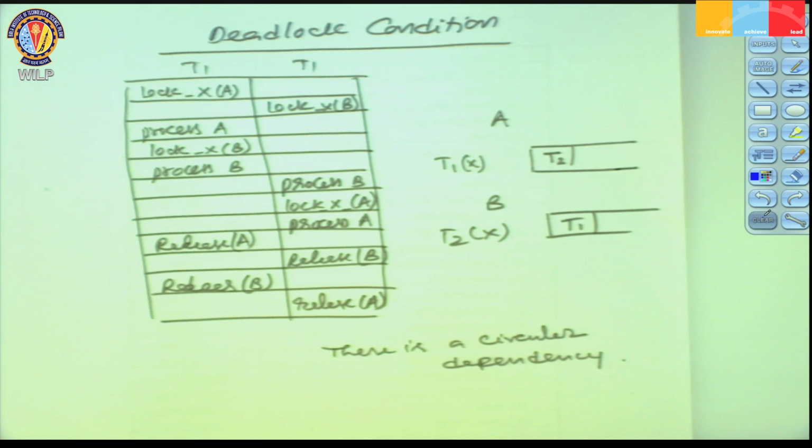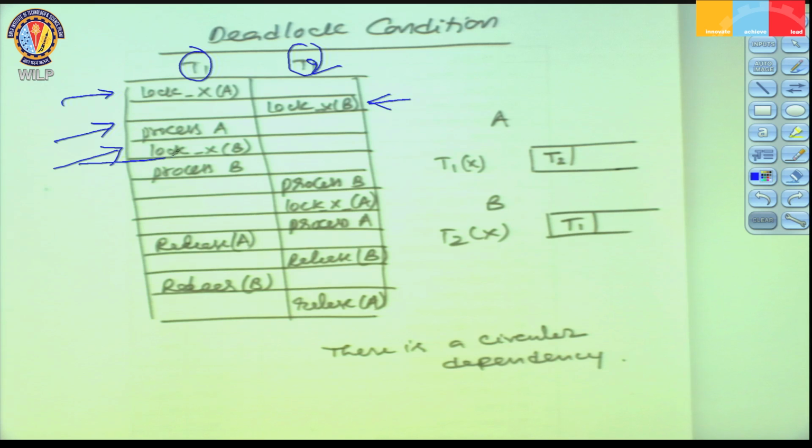We have this schedule which has two transactions T1 and T2, and these are the instructions of transaction T1. It has 6 instructions, and T2 also has 6 instructions. First, T1 locks data item A in exclusive mode, then immediately T2 locks data item B in exclusive mode. Then T1 proceeds with processing data item A, and now it wants to access data item B in exclusive mode, but it cannot.